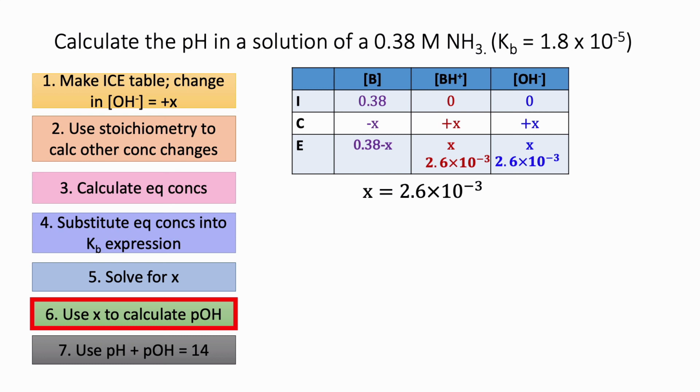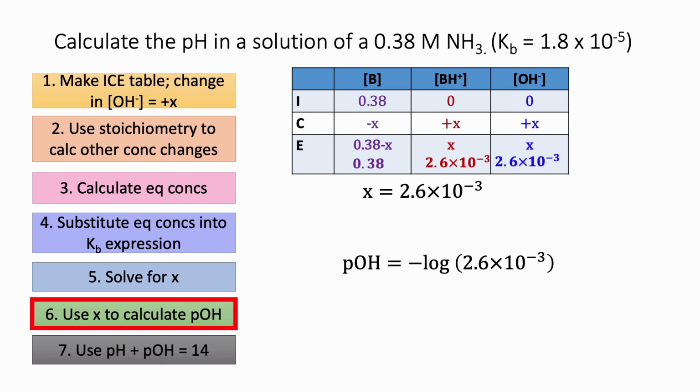So 0.38 minus 2.6 times 10 to the minus third is 0.3774, which, if you round to the correct number of sig figs, is 0.38, and so that was a good assumption.